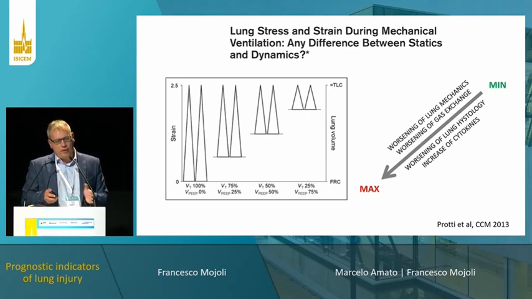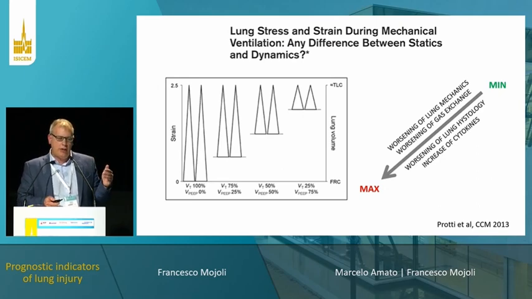So moving from the right to the left in the slide, for the same total lung stress, you observe a worsening of lung mechanics, gas exchange, lung histology, inflammation, when you decrease PEEP and you increase the dynamic component that is driving pressure.